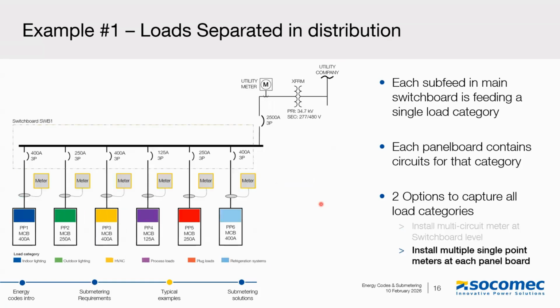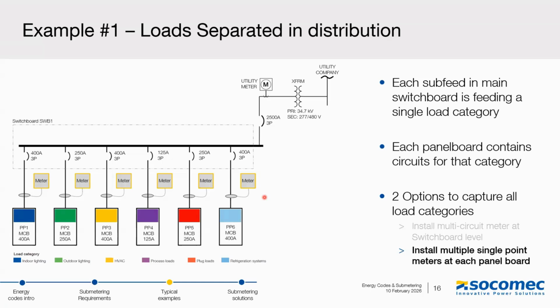Another option is to, of course, install individual power meters at every panel board to capture the main feed of each panel board, and that's also a possible solution. And sometimes that's what the customer or the engineer is asking for, is to have independent individual meters.